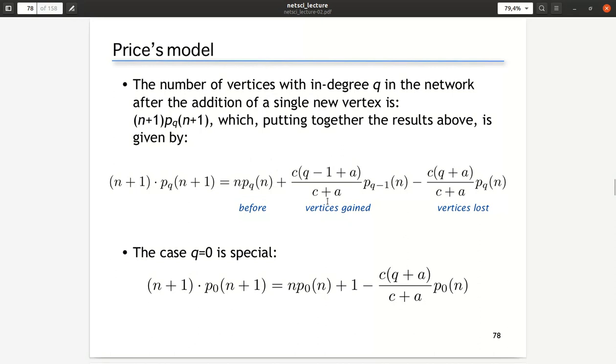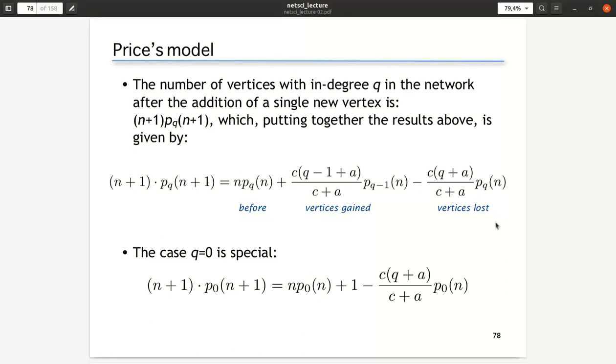These are the number of them which we gained right now, so those which had earlier q-1, but now they have q many citations. And these are the nodes which we lose, in some sense, from this group of in-degree equal to q. So this is with a minus, because these nodes had q many citations, and now they have q+1.